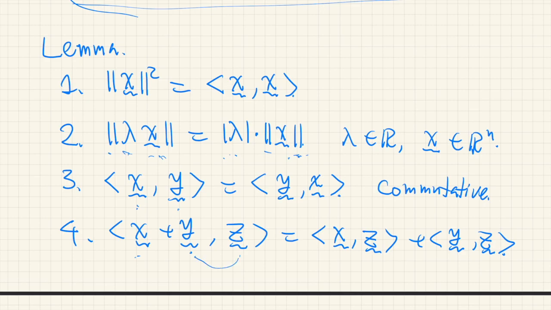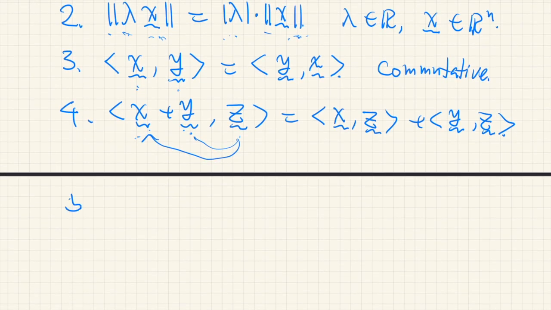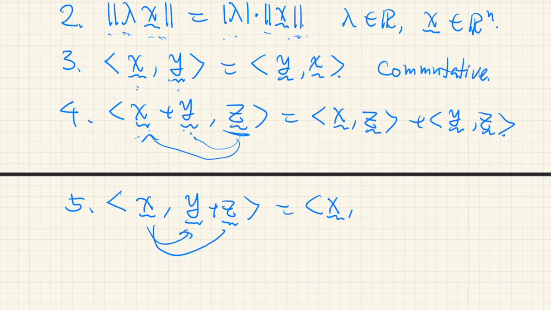So scalar product distributes over vector addition. And 5. And same is true for the second component of the scalar product. So x times y plus z is equal to the sum of the scalar products, x times y plus x times z.